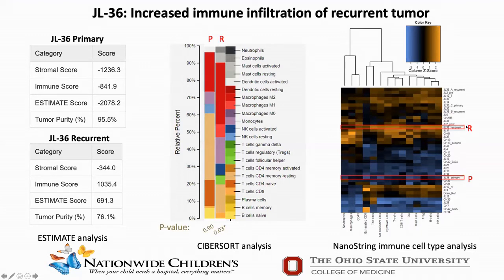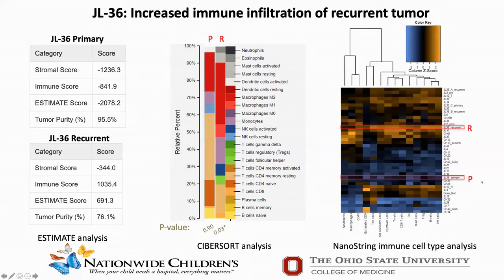And in the NanoString immune typer approach, we also see essentially a dearth of immune cells in the primary here in blue, lower down, and then higher up in the recurrent cancer, a multitude of different immune cell types shown at high significance from the Z-score that's calculated by the software here.